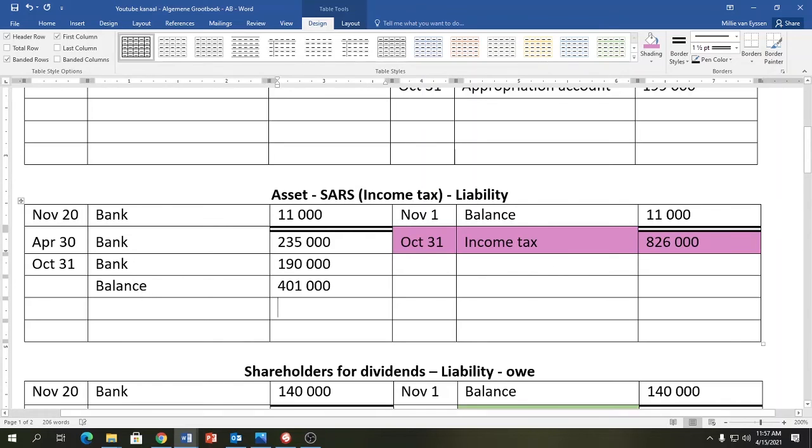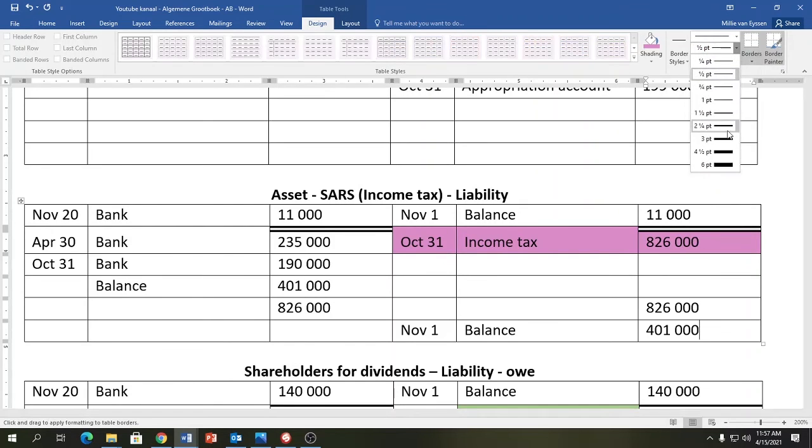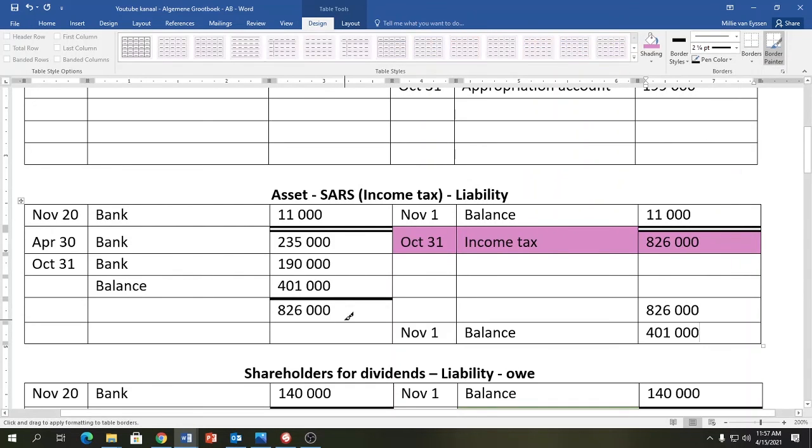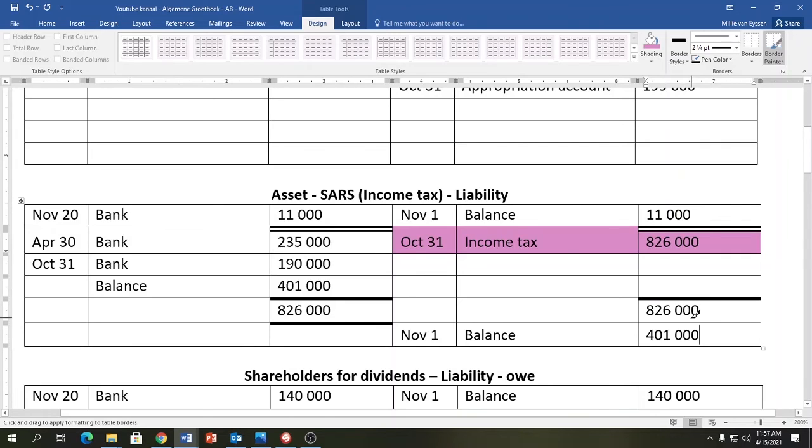Okay, so the full amount of the year will be like that. And then in the new year, November the 1st, it will clearly indicate that I still owe money to SARS. Now, very important, this is my weird example that I showed you.